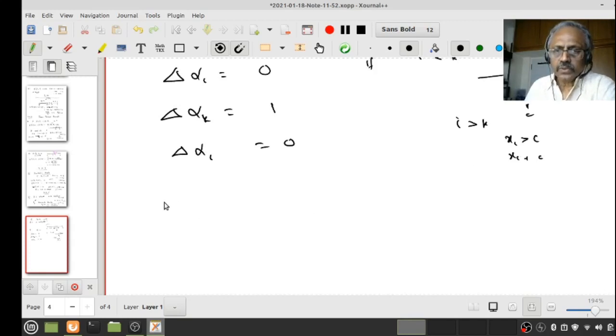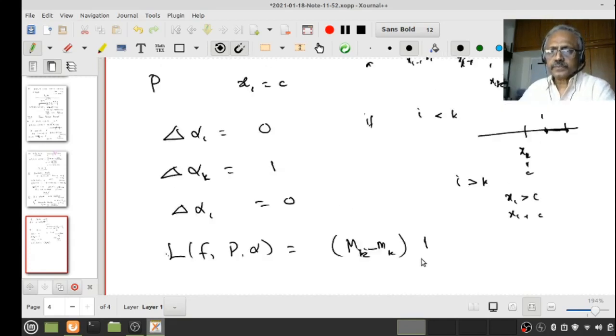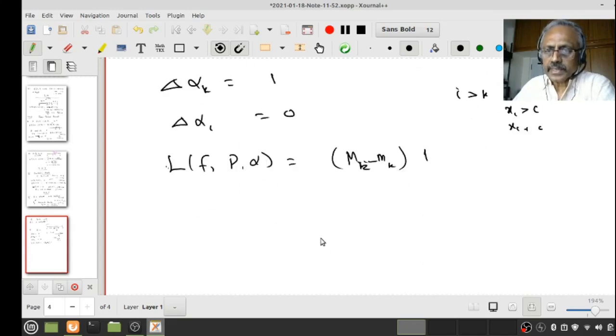Therefore what we have is the following. L(f, P, alpha), where P is this partition, is going to be mk minus small mk times delta alpha k, which is 1, because all other delta alphas are 0, for i not equal to k.